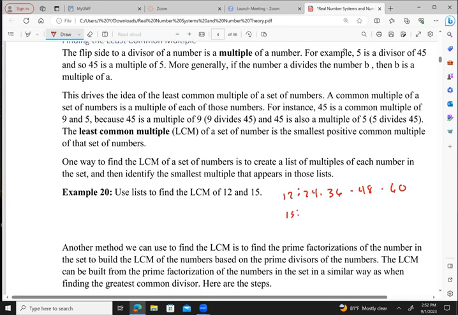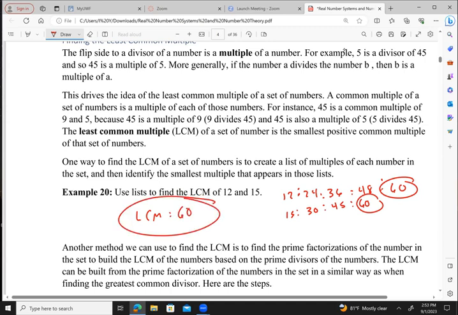And 15, we have 15, 30, 45, and 60. So 60 is the LCM. That's how we do that.